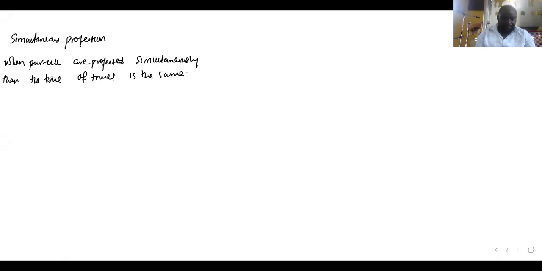That is 1. 2, collisions occur at the same height. Same height, it means y1 is equal to y2. Okay?